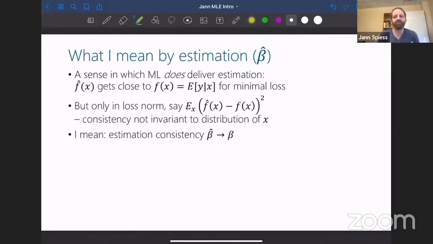But what I really mean when I say estimation here is whether I can be consistent, whether I can approximate the function well in a norm that cares about distinguishing between the individual parts of the prediction function and not just its prediction quality. So what we really care about in estimation is often something like estimation consistency, meaning the estimate converges to the truth, not just the overall loss.